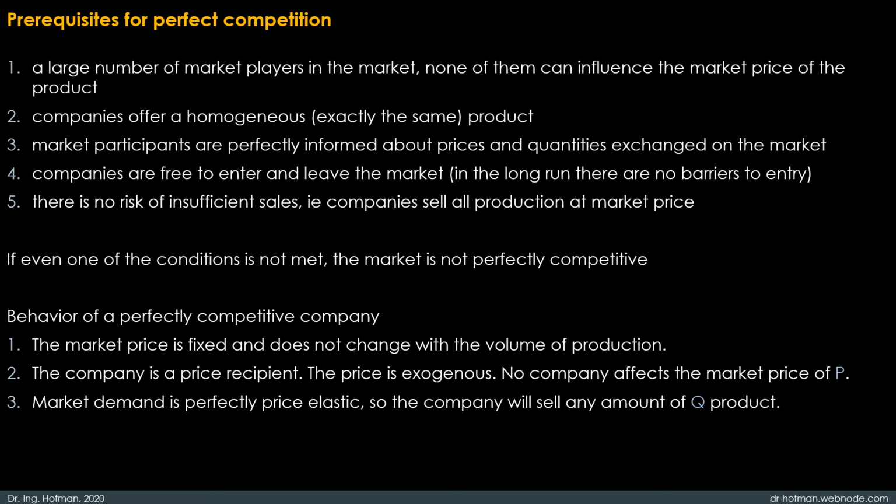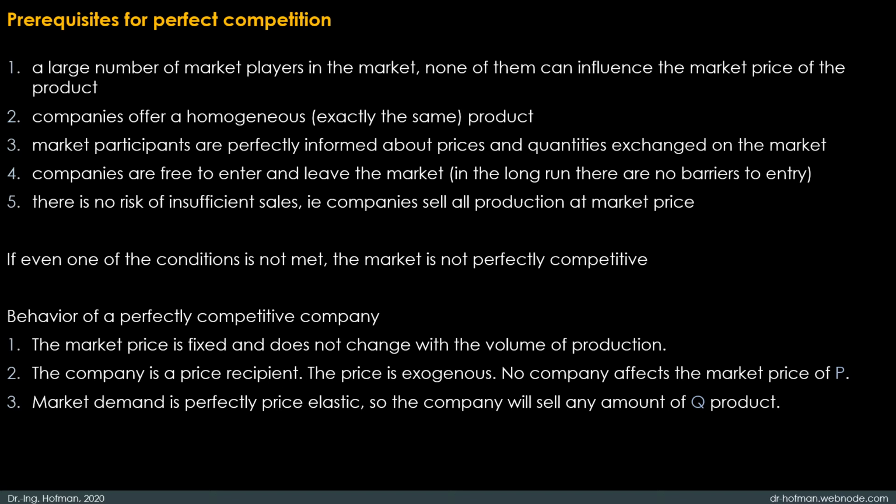Let's go to the behavior of a perfectly competitive company. So we know that the market price is given in this market, so it's fixed, it doesn't change with the volume of production of the company. It's an important fact. We can also say that when the price is given, it is exogenous.